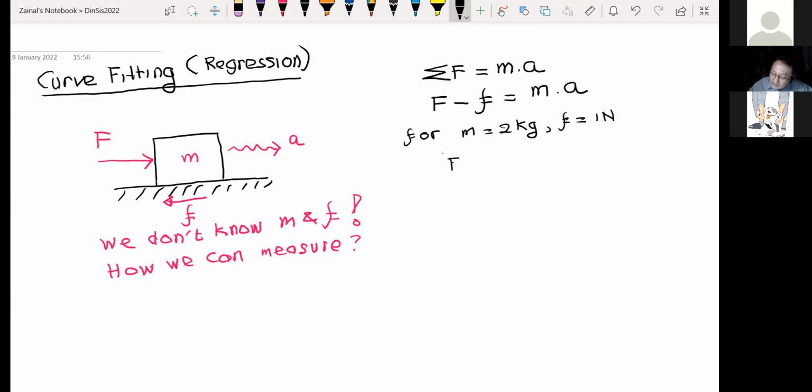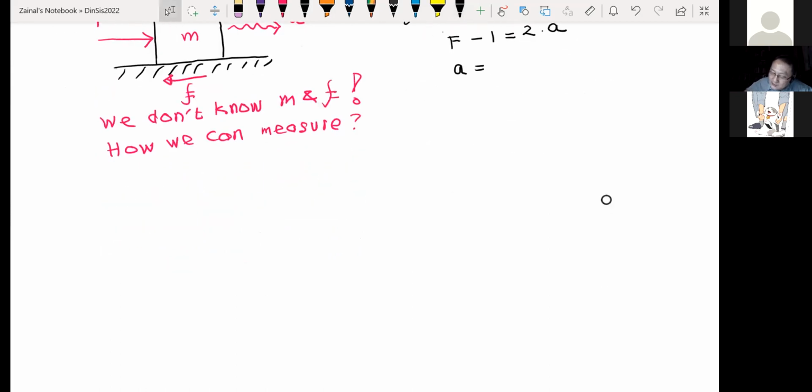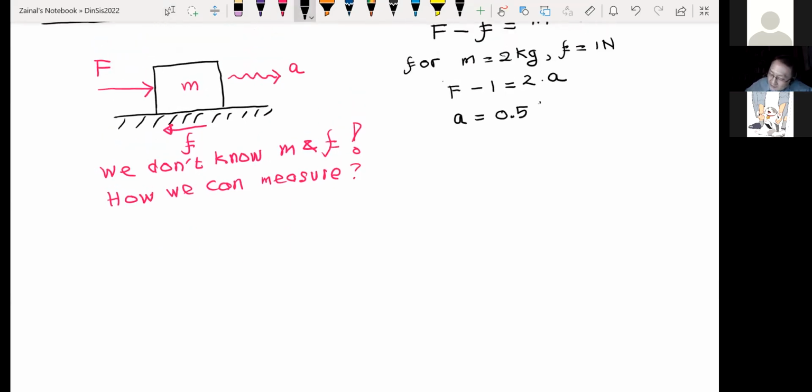Then F minus 1 is equal to 2 multiplied by E, or E is equal to 0.5 F minus 0.5.